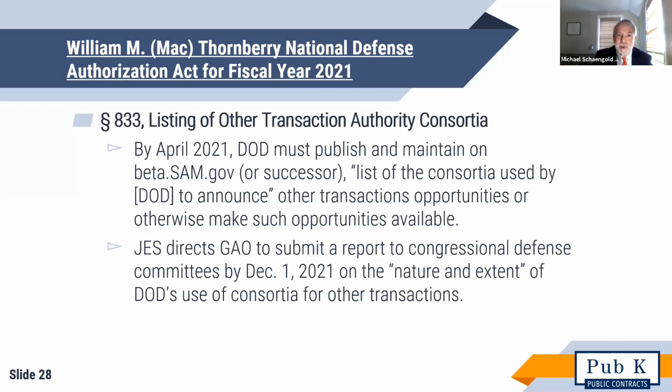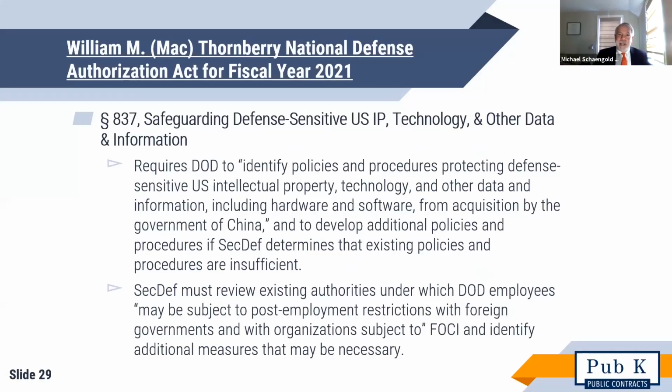Moving to slide 29, please. Section 837 requires the Secretary of Defense to 1, identify policies and procedures protecting defense-sensitive U.S. intellectual property, technology, and other data and information from acquisition by the government of China, and 2, develop additional policies and procedures if necessary to better protect these assets.